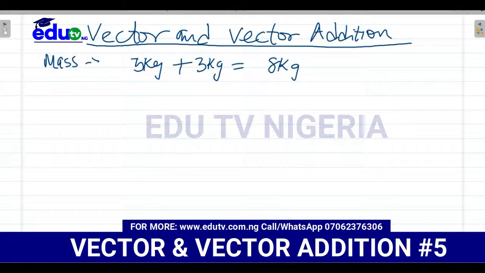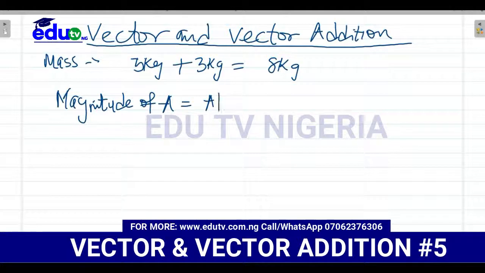We also talked about the magnitude of a vector. We can also see the magnitude of a vector as a scalar. When you have the magnitude of A, the symbol is this, and it can give us a vector.